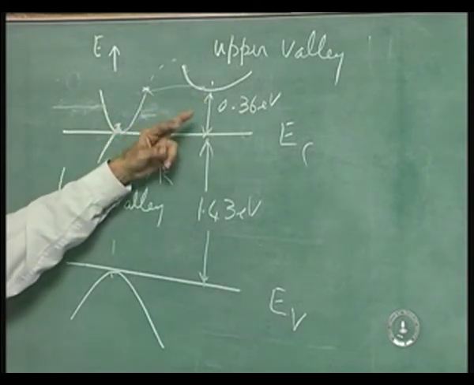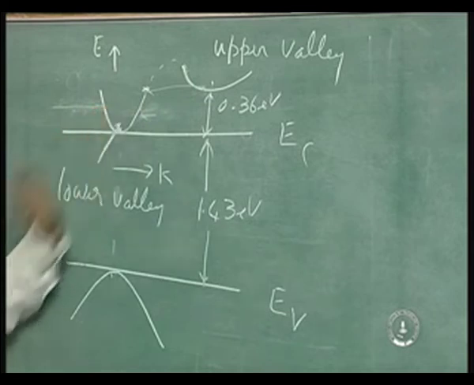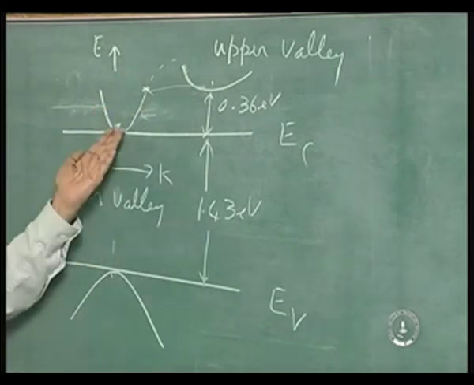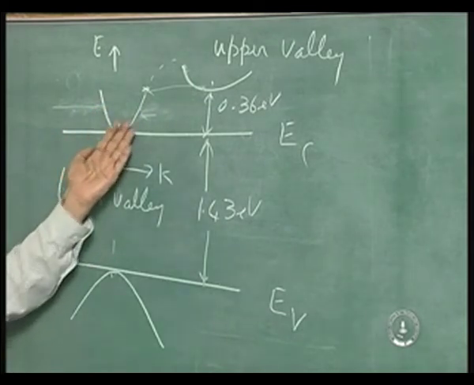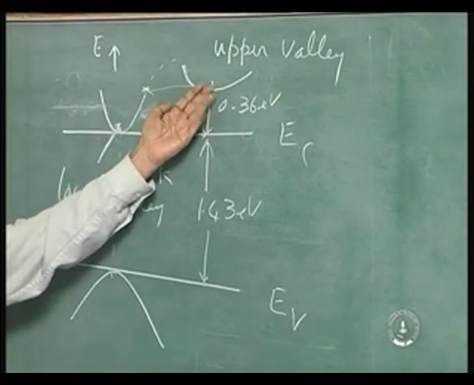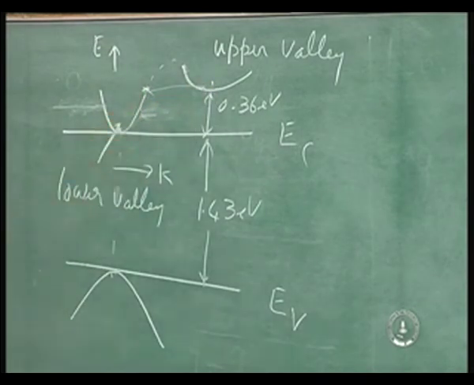Up to a certain electric field, n1 will be large. Initially, when all the electrons are in the lower valley, till the electrons get an energy corresponding to that, n2 is actually 0. So, for most of the range we can take the second term as small.